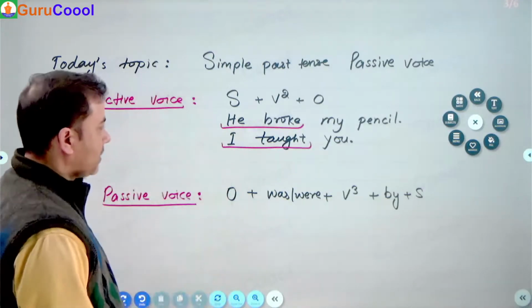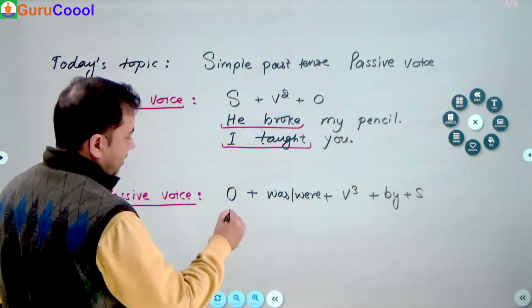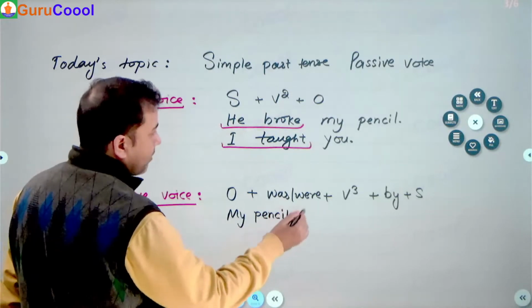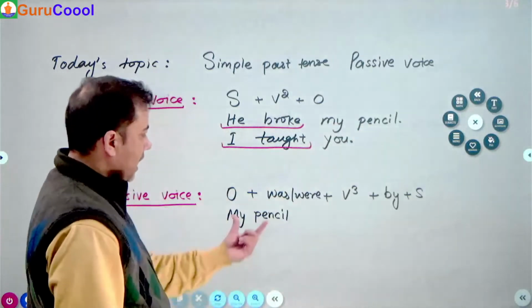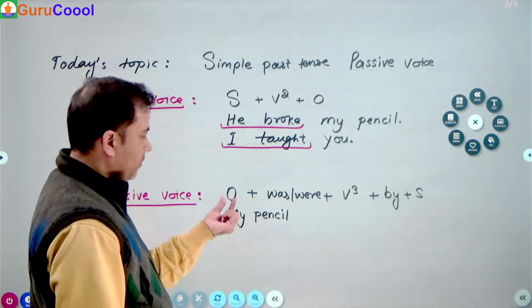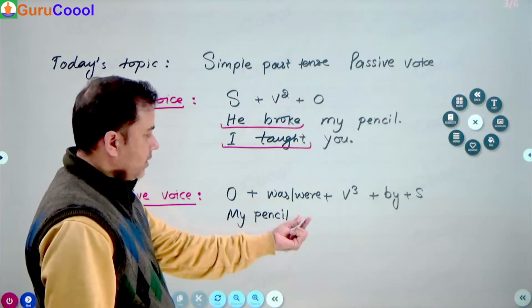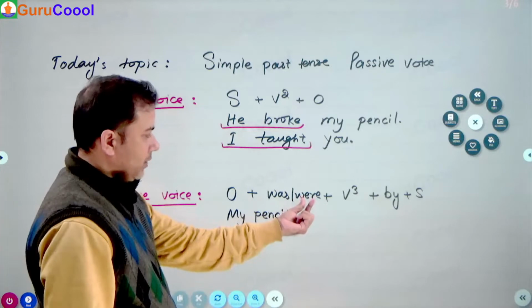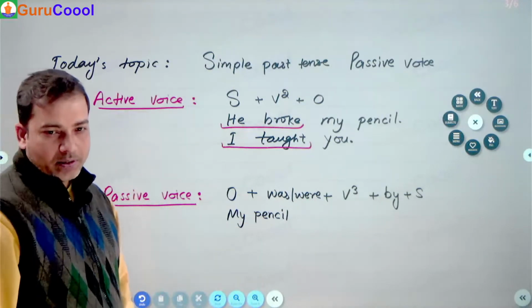So I can say, my pencil, because my pencil was the object. I wrote the object first. Now you can easily understand which one should come here, was or were. What's your reply? Was or were?